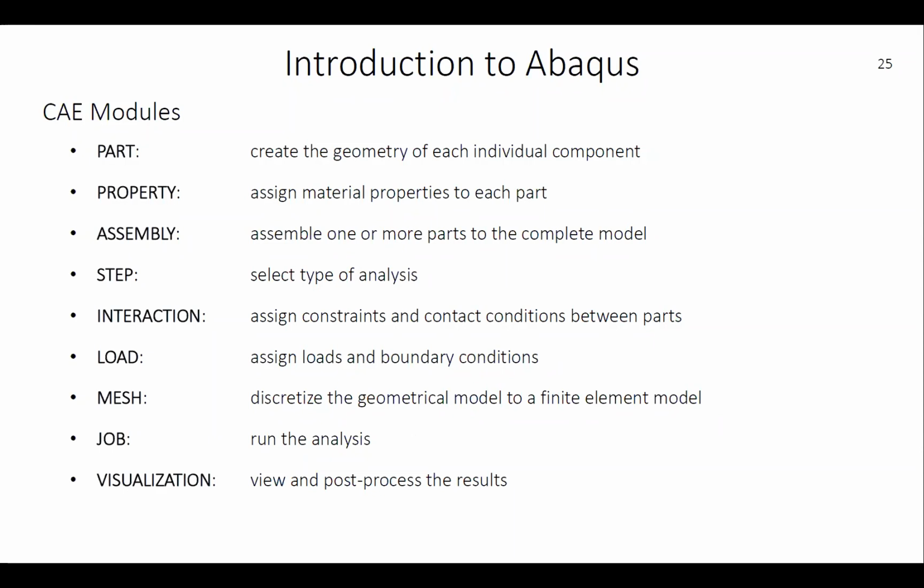And here, when you run the analysis, you can also look at the results. If you have modeled something in an improper way, Abaqus may give a warning about that.